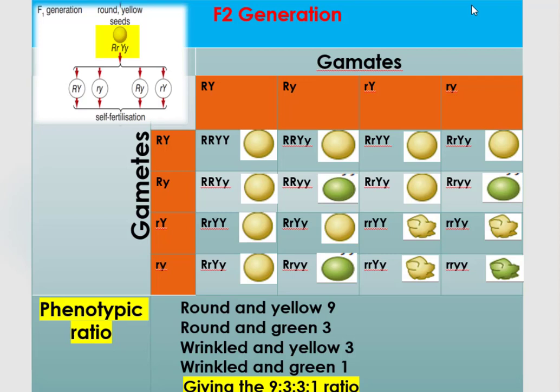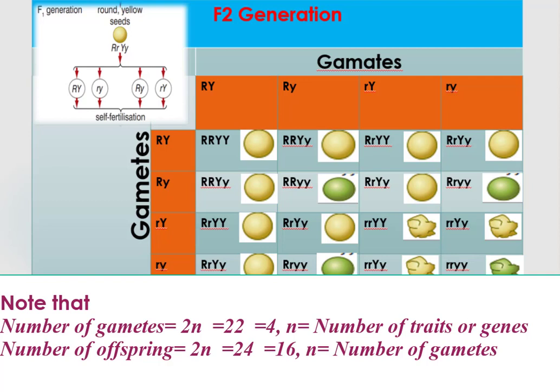When this genotype segregates, the gametes can be capital R capital Y, capital R small y, small r capital Y, and small r small y. These four different types of gametes formed by heterozygotes produce 16 possible combinations in the Punnett square. There is one thing we should notice.